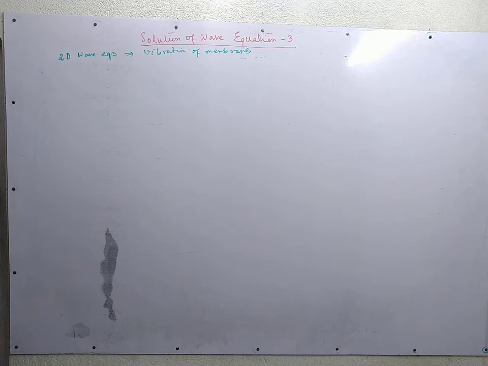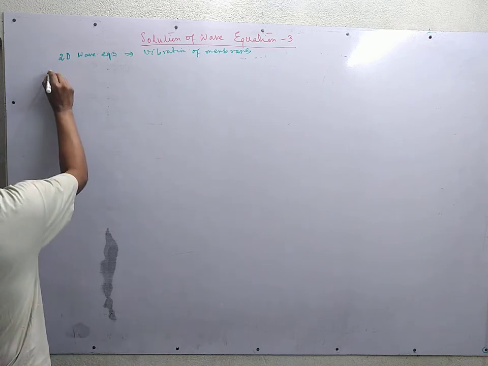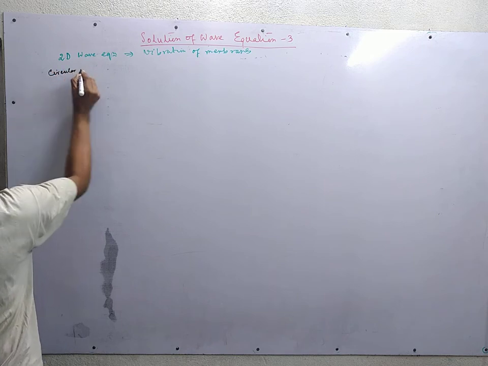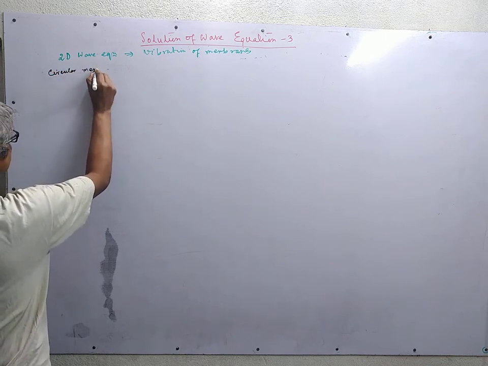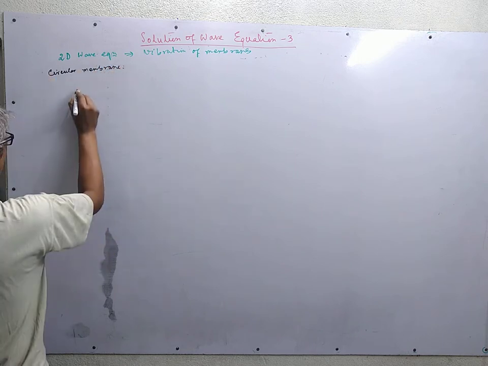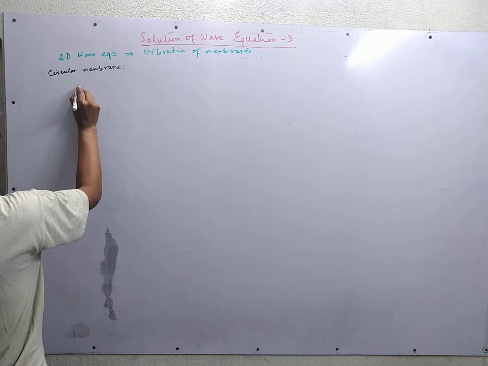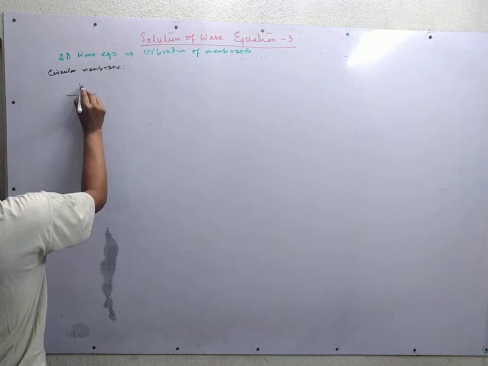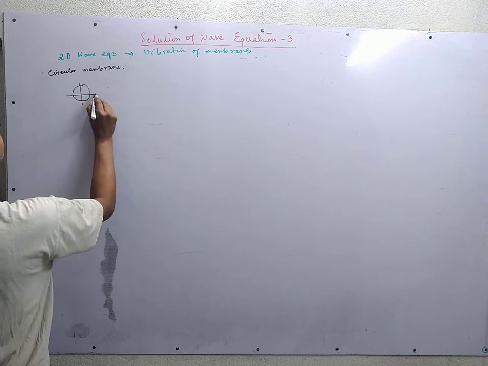As the second example of vibrating membrane, we consider the vibration of a circular membrane. We assume a circle in the xy plane centered at the origin and it has a radius a.